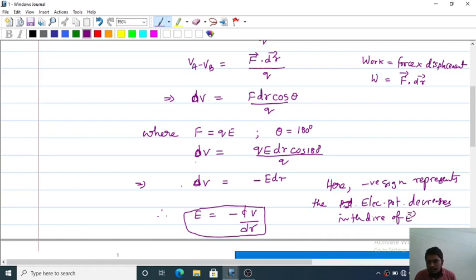Or you can say the electric field is in the direction of decreasing potential. That is the meaning of the negative sign. The negative sign gives us the direction of the electric field: the electric field is directed in the direction of decreasing potential.